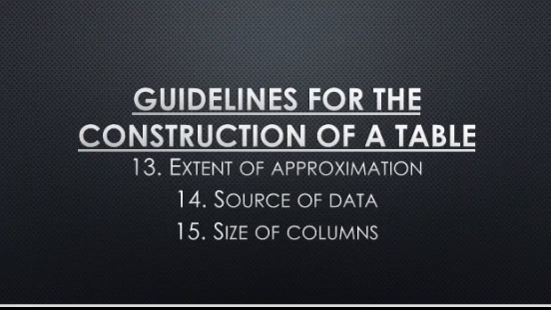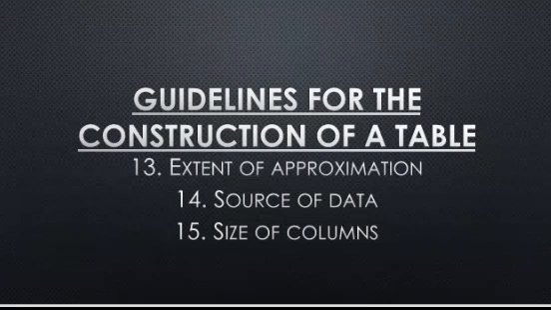So this was the point that if you have not got the particular data about any year or for any production unit, so you will not write 0 there, you will use the sign of minus or you will write NA. Clear?